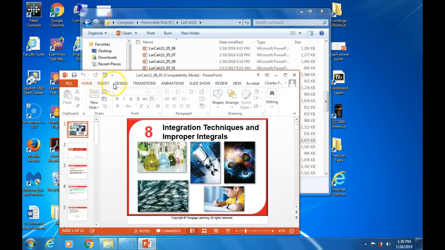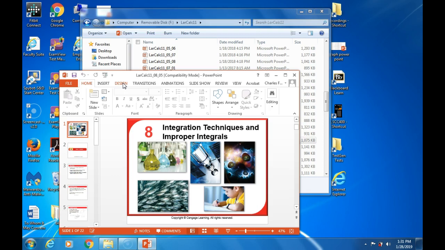How far are we going with the chapter? Good question. We're doing 8.5 for sure. 8.6 is numerical integration. I ought to at least introduce you to that. And then integration by tables, and we'll do that.